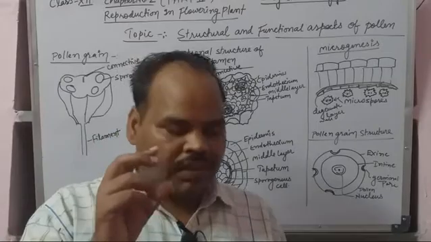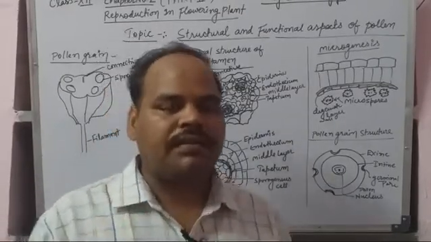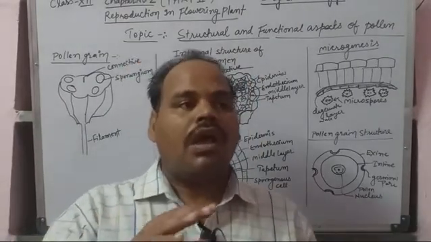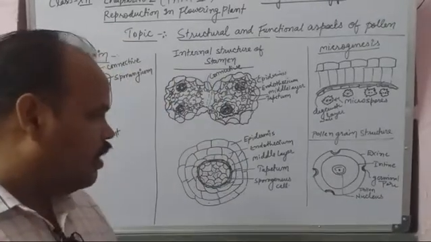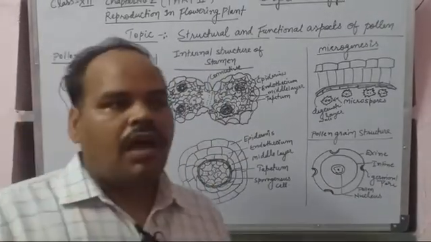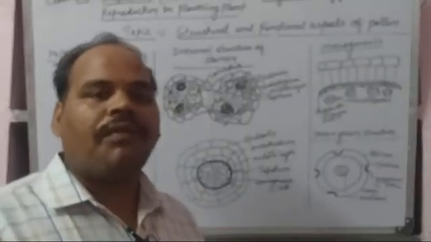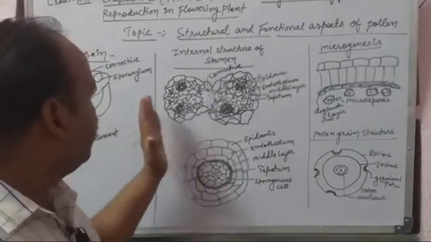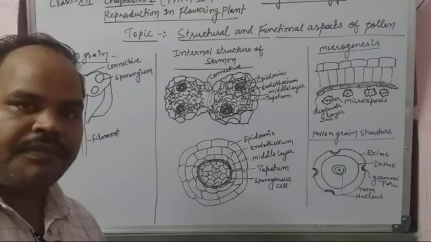We consider the stamen the male reproductive part of the plant because it produces the pollen grain, which fertilizes the female part, leading to the formation of new offspring. So today we are starting the structure of the pollen grain.